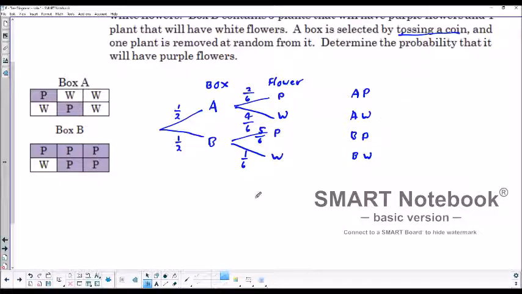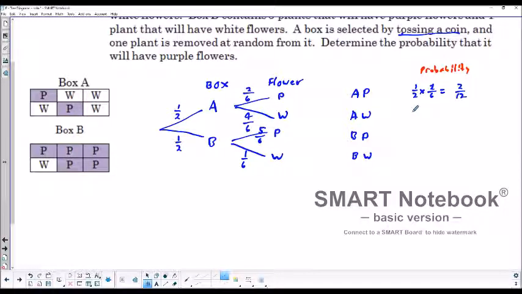So the probability of choosing a plant that has purple flowers, if it's box A, we multiply 1/2 by 2/6, so we're going to have 2 over 12.